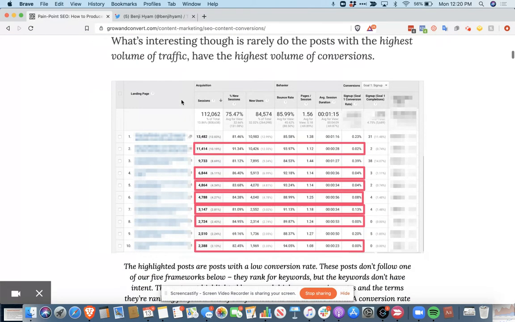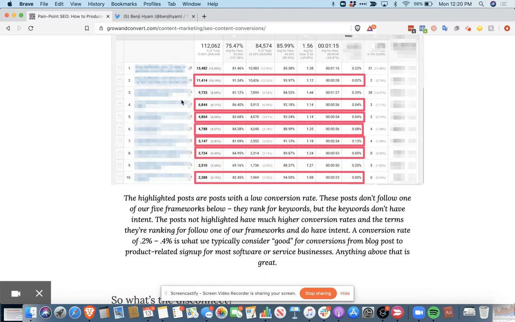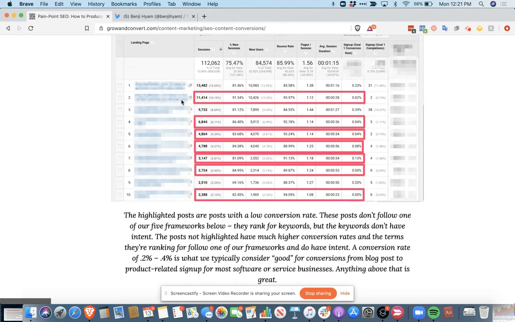But the reason behind this is because most people don't measure conversions from content in-house. A lot of people argue to their CEO or people inside of the company that as traffic increases, conversions will increase as well. And the reason is because they're not measuring it. They're not measuring the conversion rate on a blog post by blog post basis.